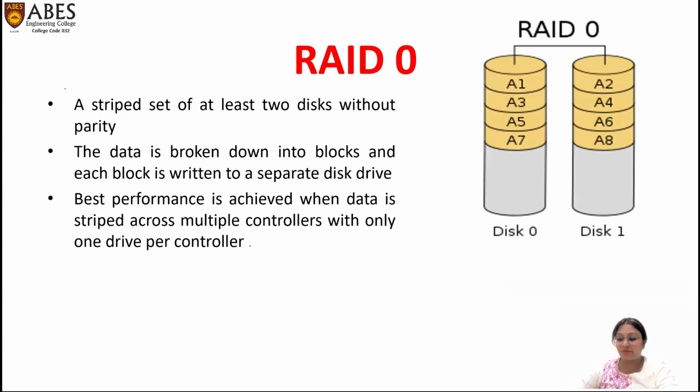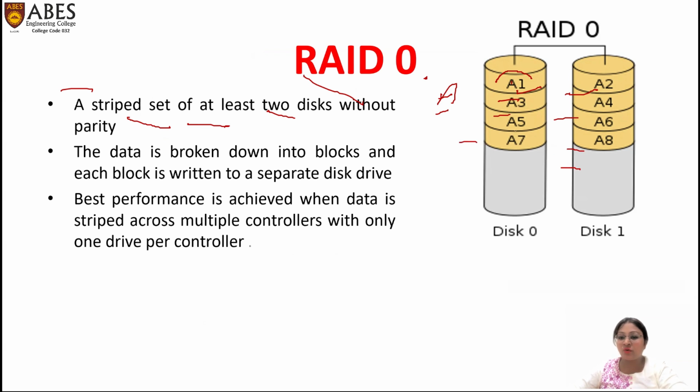First is RAID 0, or you can say level 0. In RAID 0, the striping of data is done with the help of at least two disks, without parity. Here you can see that there is data of a module A. That A module is divided into A1, A2, A3, A4, A5, A6, A7, A8.